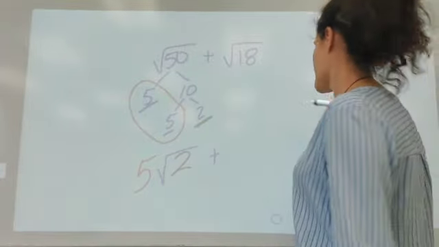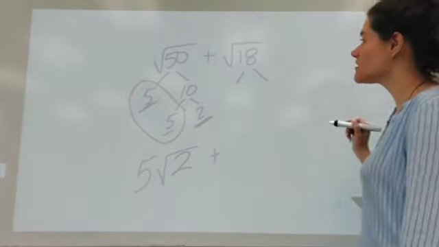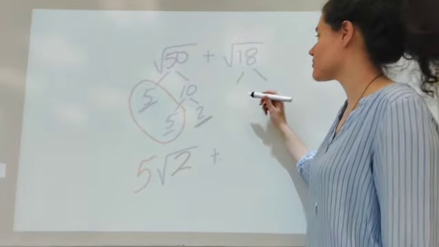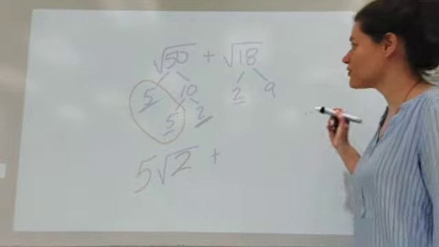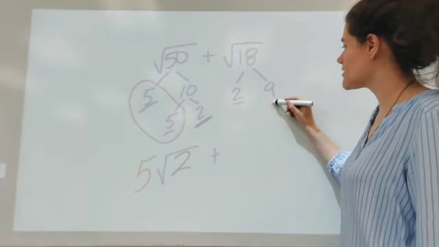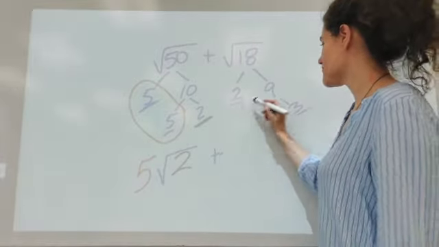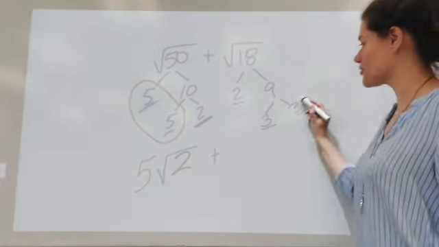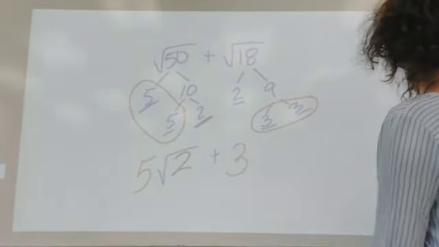Let's look at now 18. So 18 can split into maybe 2 times 9. That could work. 9 can split into 3 and 3. So there's my group of 2 3s here.